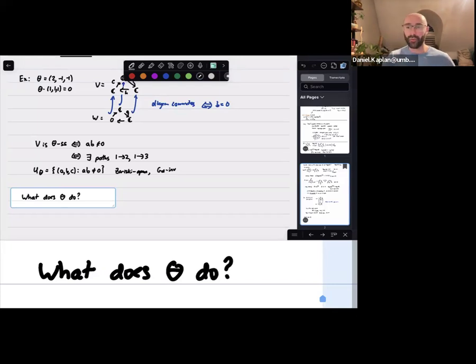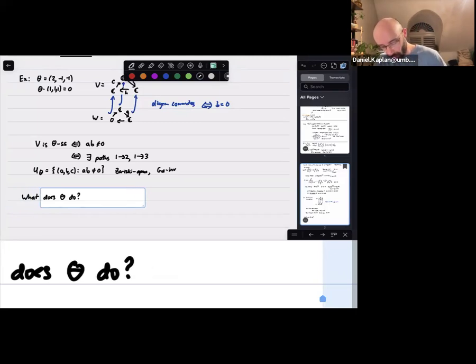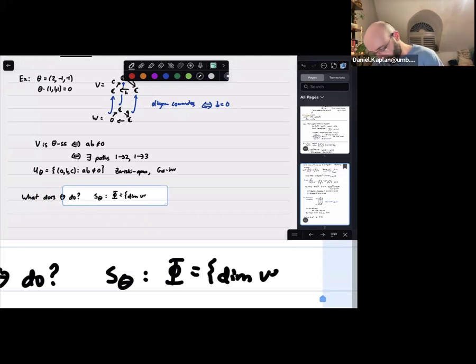Like, what is its role really in this calculation above, or even in general? Well, using theta, I can define a map. And what the map is going to do is it's going to take in the dimension vectors of my possible subrepresentations. So dimension vector.